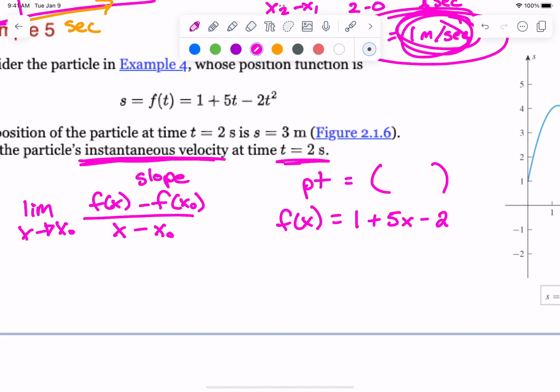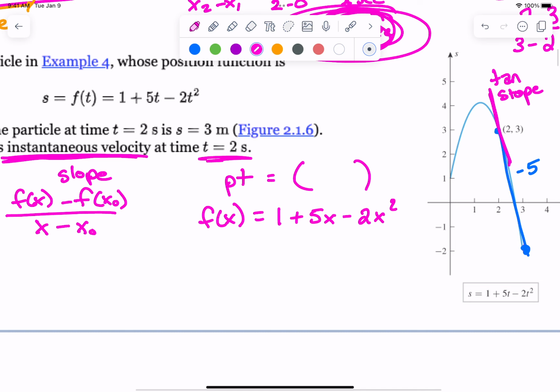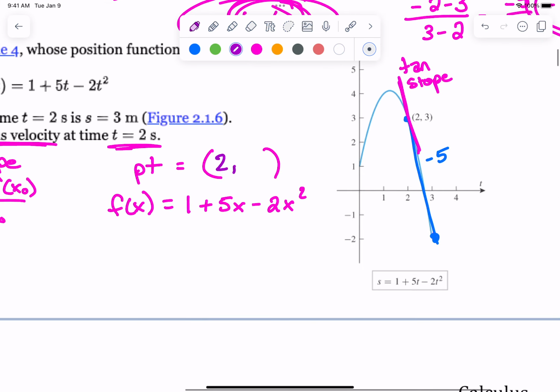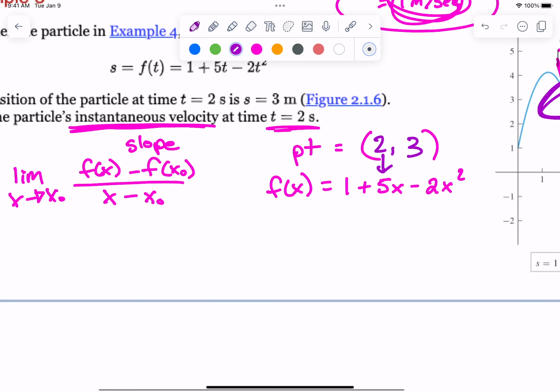Can I switch to x's? Yeah. Okay, that's my function. What's my point that I'm going off of? 2 comma what? 3. If I plug 2 into here, I'll get 3 out, right? Or just this point right here that we're looking at. So this is my x naught and my f of x naught.